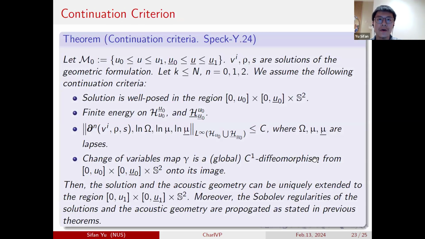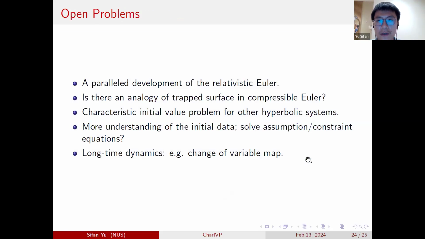Okay, so let me skip the continuation criteria and jump to the open problems. There are many problems remaining to be solved. First of all, there will definitely be a parallel development for the relativistic Euler equations, basically the characteristic initial value problem for 3D relativistic Euler without any symmetry assumptions.